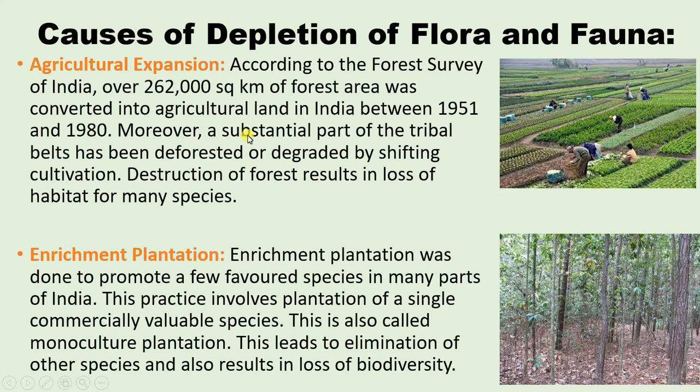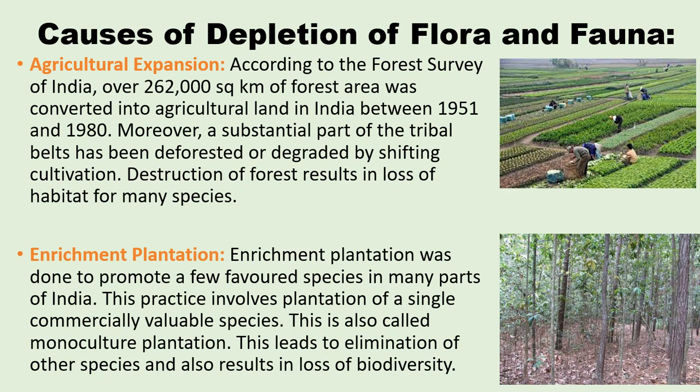Moreover, a substantial part of the tribal belts has been deforested and degraded by shifting cultivation. Students, you have studied shifting cultivation in class 8. It is cultivation where the tribal people clear a patch of land and do cultivation over that.